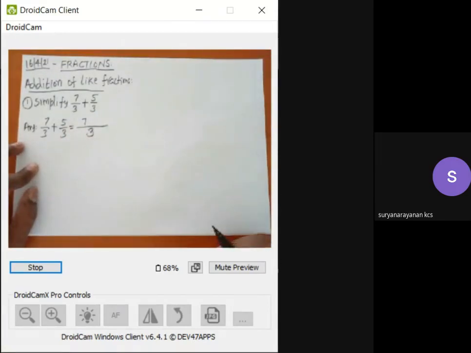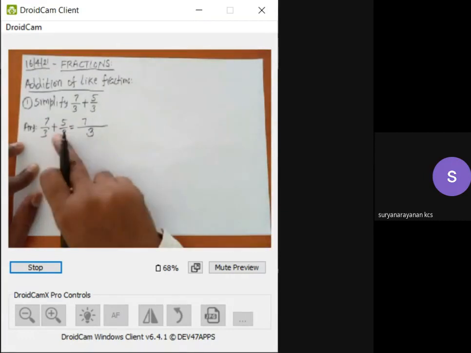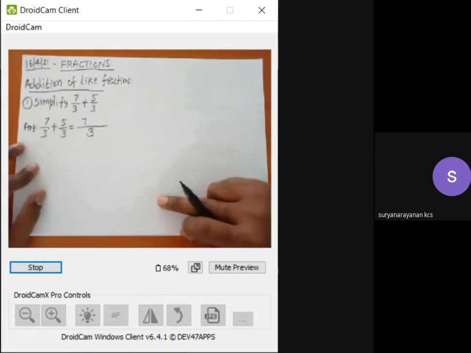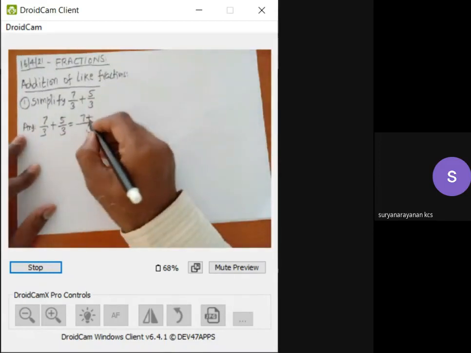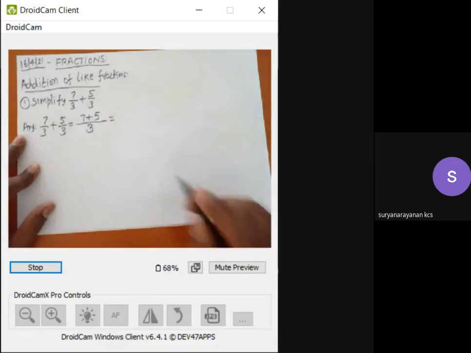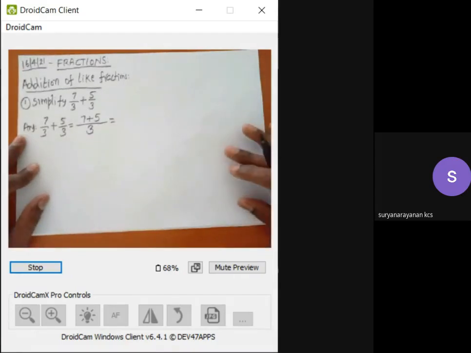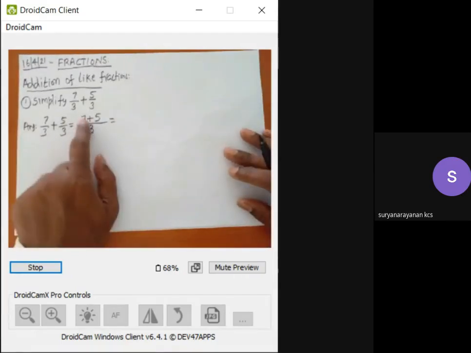Plus, what is the symbol? What is the sign between these two fractions? Plus. Yes or no? So 7 plus, we write the second numerator as it is. So in the numerator, we got 7 plus 5. In the denominator, we have already written 3.